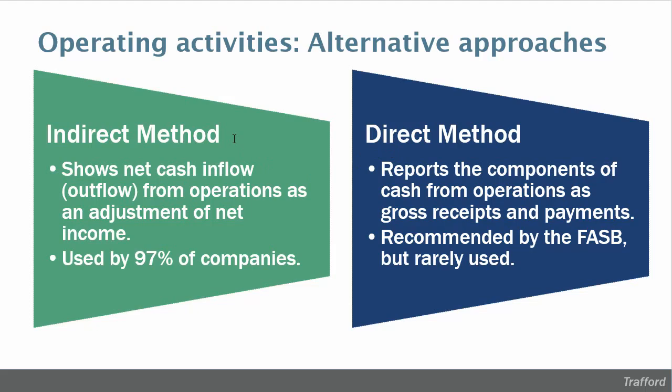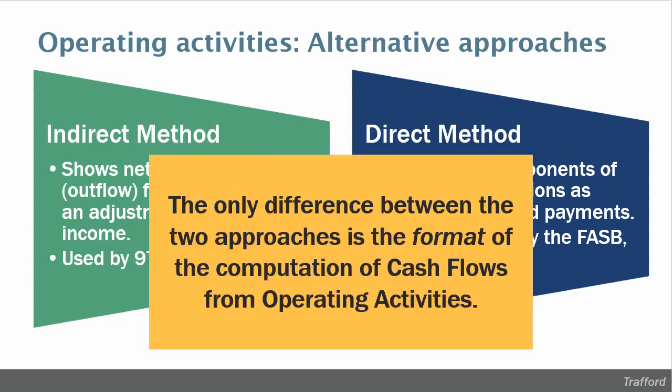And since companies were going to have to do the indirect method anyway, most companies totally skipped using the direct method and simply used the indirect method for reporting operating cash flows. So the indirect method is what you'll generally see in corporate financial statements.